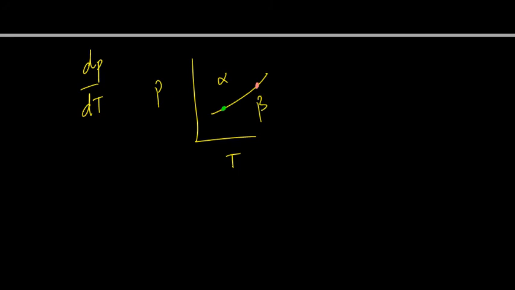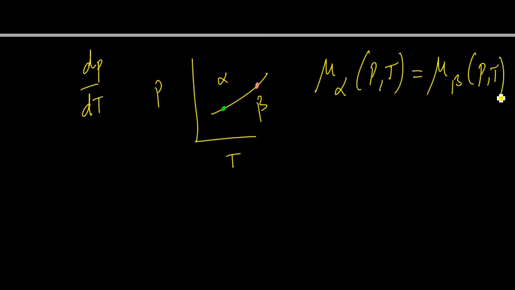At equilibrium, delta G is 0, which means that the chemical potentials of the two phases must be identical at equilibrium, right? So all I can write over here is that mu of alpha at a given pressure and temperature is equal to mu of beta at the same pressure and temperature.